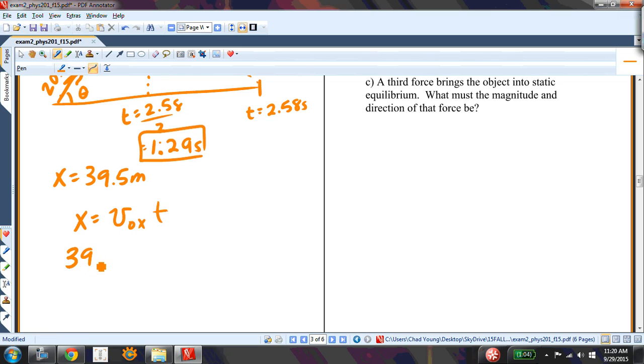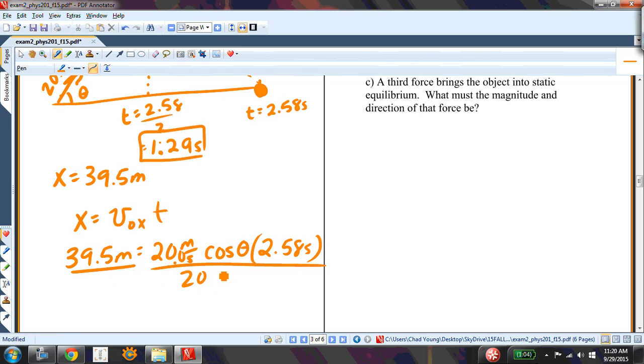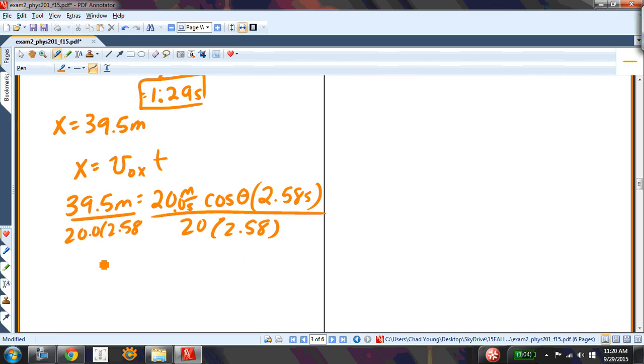So 39.5 meters equals 20.0 meters per second, times the cosine of theta, times 2.58 seconds. I use 2.58 seconds because I'm looking at the position all the way at the end. Then I can solve this for theta, taking the inverse cosine of both sides, and I find that theta is equal to 40 degrees.